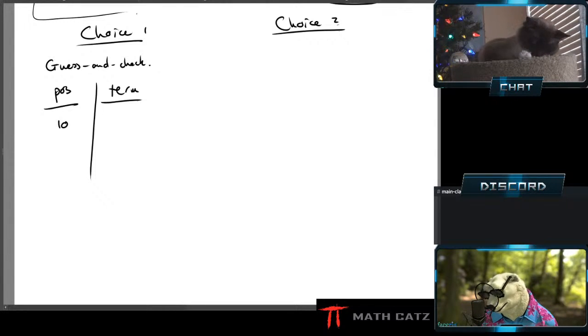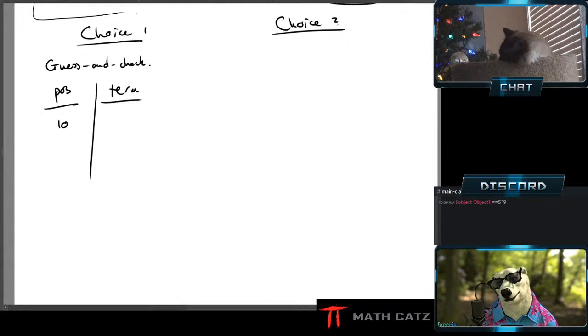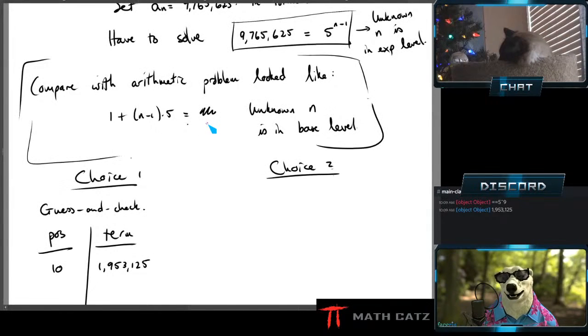So we'll let MathBot do that. 5 to the power of 9. So I don't know my powers of 5 that high. Remember, it's the position minus 1. I get 1,093,125. And I see, ooh, I'm a little short. I am close, though. I'm 9 million.